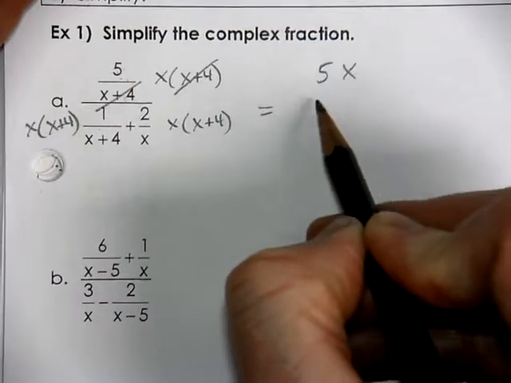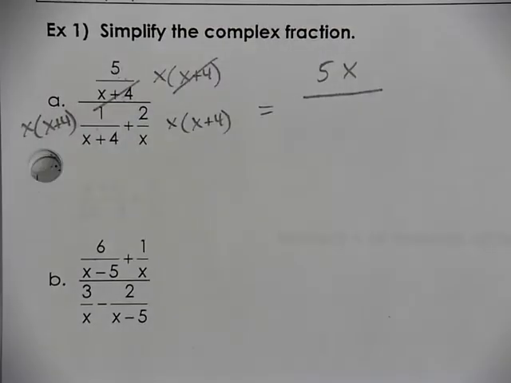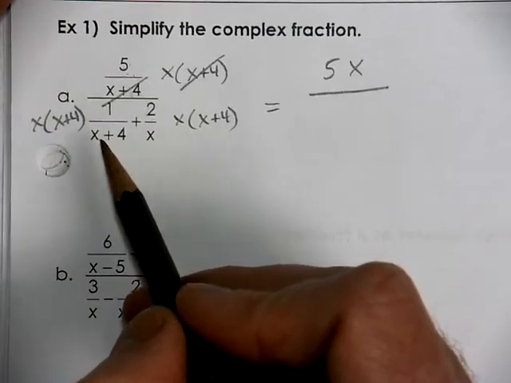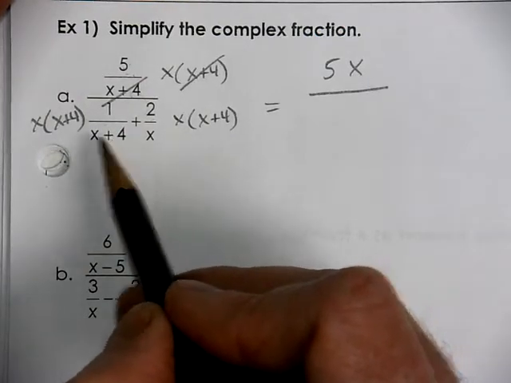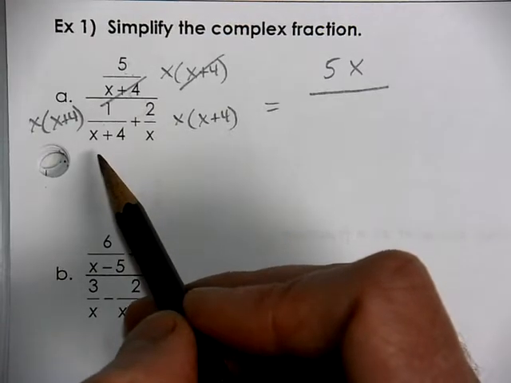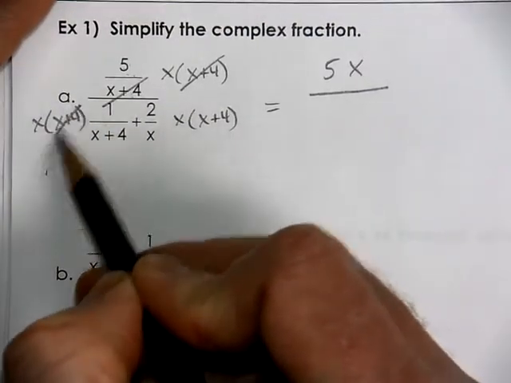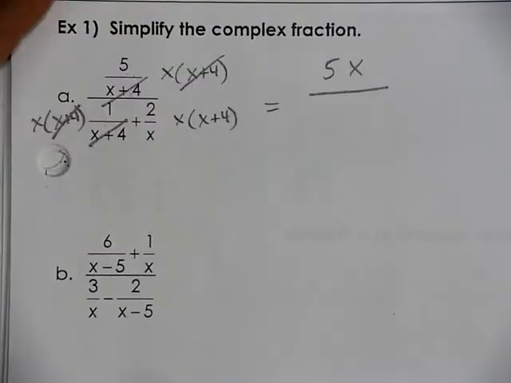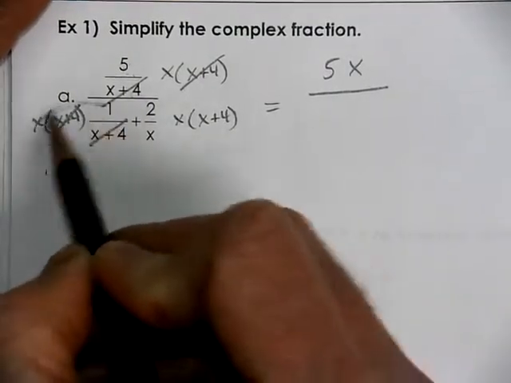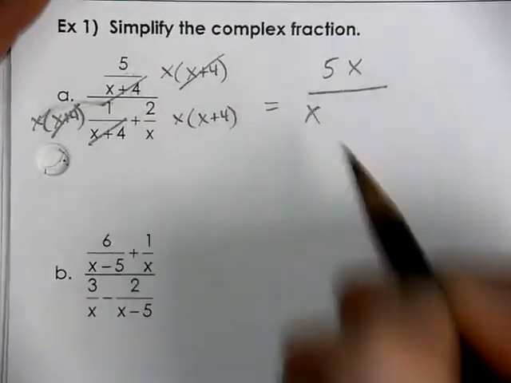That's 5x. Down here on the bottom left, we're looking at what could cross off with our denominator, so we don't even have to worry about multiplying that part. And that's going to be the x plus 4. So that just leaves the x times 1. And that's going to be x.